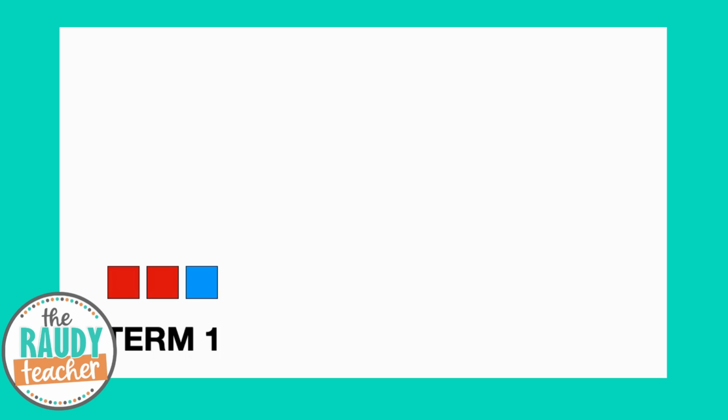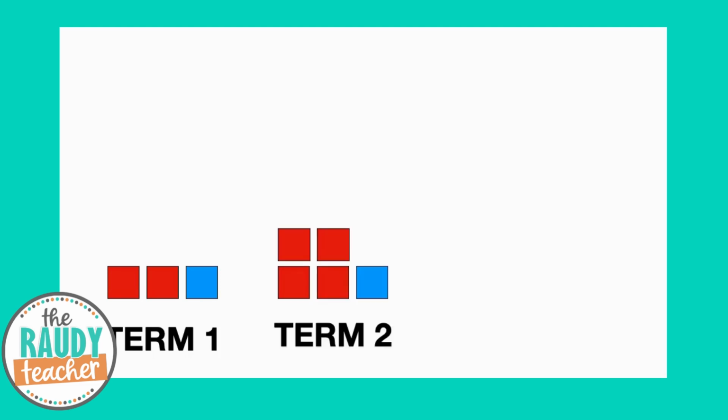2 red tiles plus 1 blue tile makes a total of 3 tiles, which represents that number of 3 in term 1. For term 2, I decided that I'm going to still keep just the 1 blue tile, but the red, because I had 2 in the beginning, now I have 2 more there to make a total of 5.